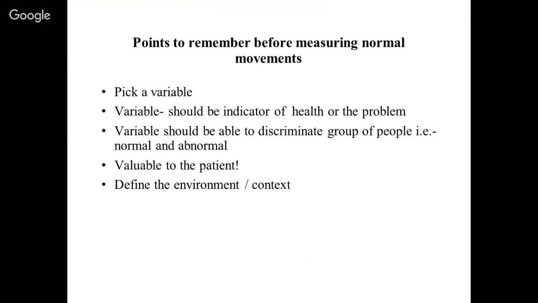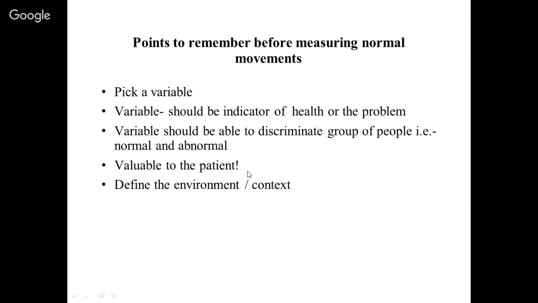And also remember, it should have value for your patient. The patient should think that, okay, this parameter seems to be important. The health indicator and the value of the patient, they should go hand in hand. And remember, any variable you choose, it is for a context or for a particular environment. In terms of movements, it is for a particular environment or context.